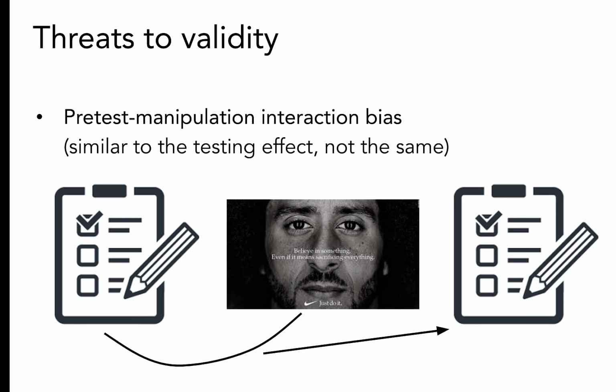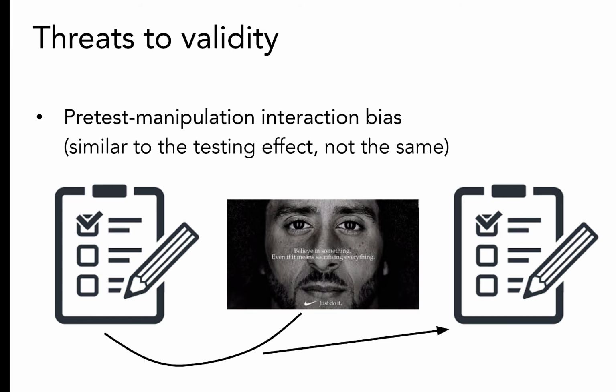Now, the problem is here that simply due to the fact that you asked all these questions beforehand about their activism history, and then you expose them to that ad, this could create a very interesting mix here, because those questions could make them more sensitive to the ad, could heighten their alertness to the topic, could actually increase or decrease their receptiveness to the ad, which in and of itself, in a combined way, could influence their outcome.